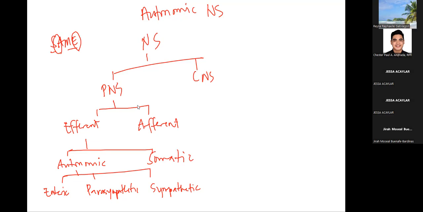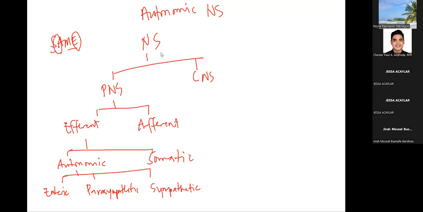However, in the ganglion, parehas silang governed by the same na neurotransmitter, and that is the acetylcholine. So again, in the ganglion or the ganglia of both the sympa and the parasympa, we have there the acetylcholine. Now, ang difference is on the neurotransmitter in the postganglionic neuron.